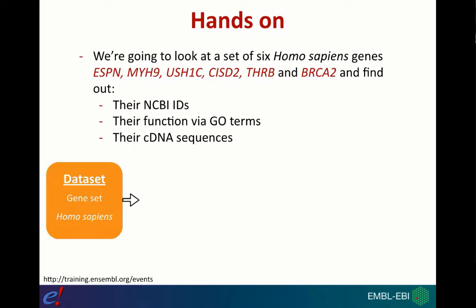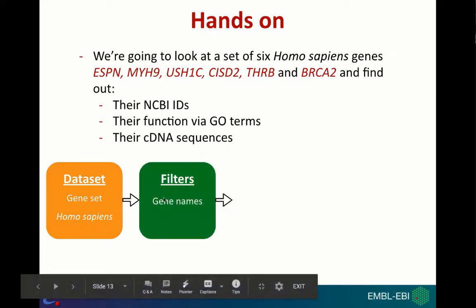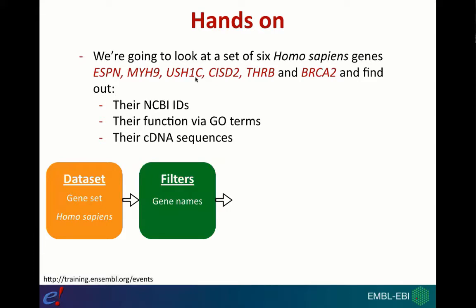So just to quickly go through what these 4 steps are going to be for our query. So step 1 is the data set. So we know that we're interested in human genes, so that will be our data set, the gene set, and human Homo sapiens as our species of interest. Then the filters are actually going to be the gene names themselves. So in fact, we're going to have a really simple query just using a single filter.